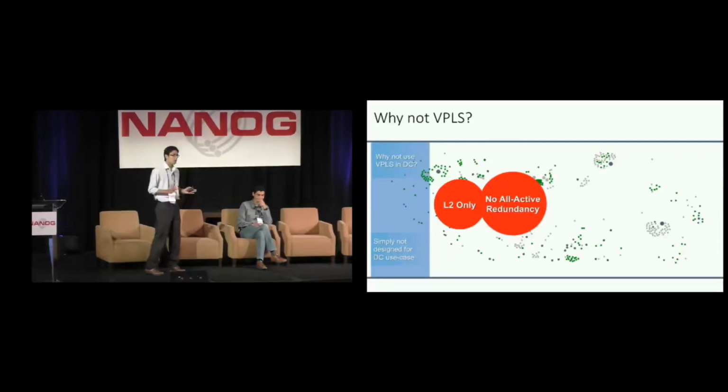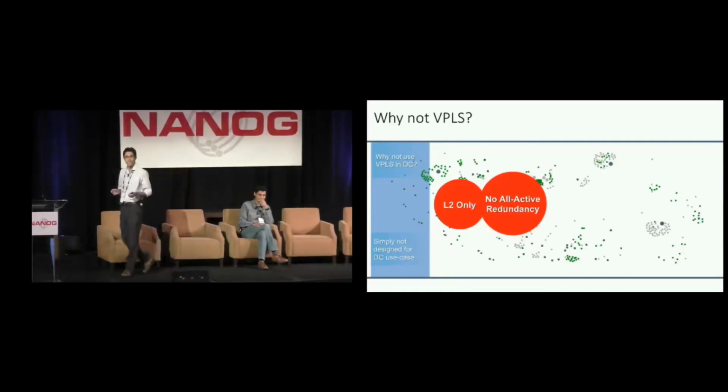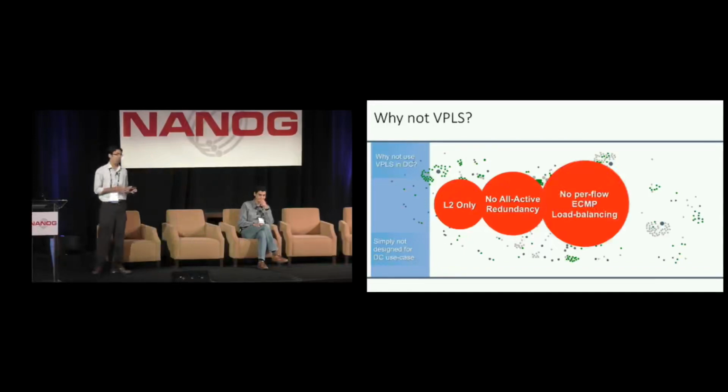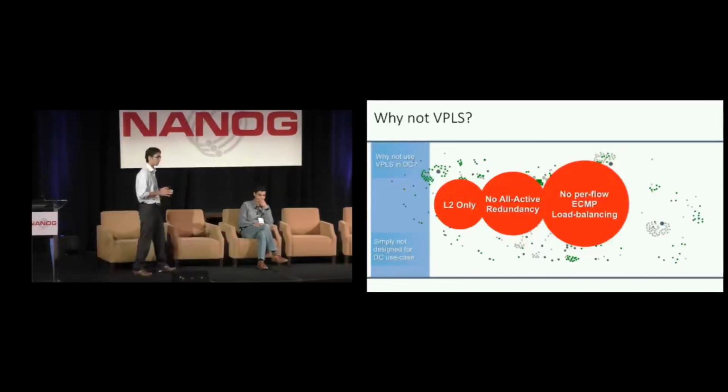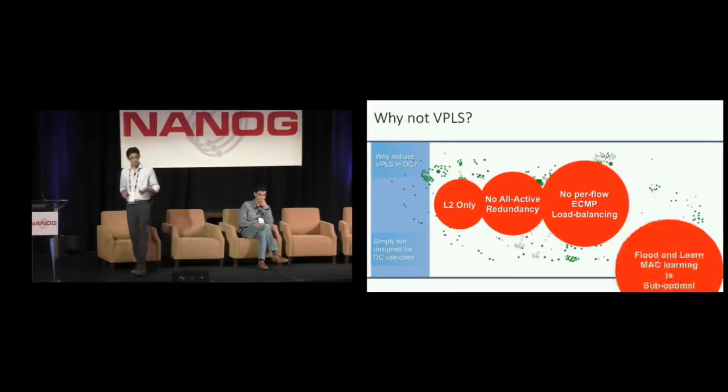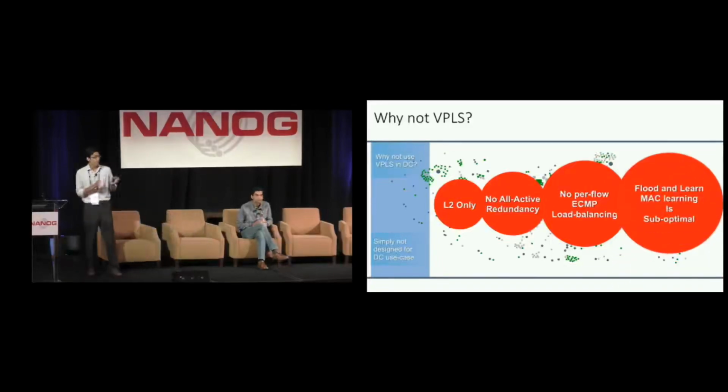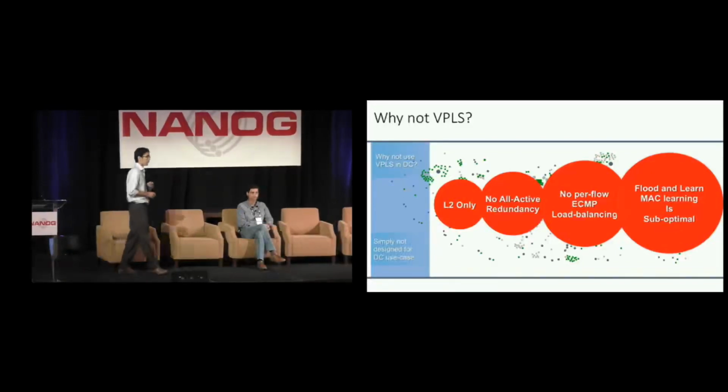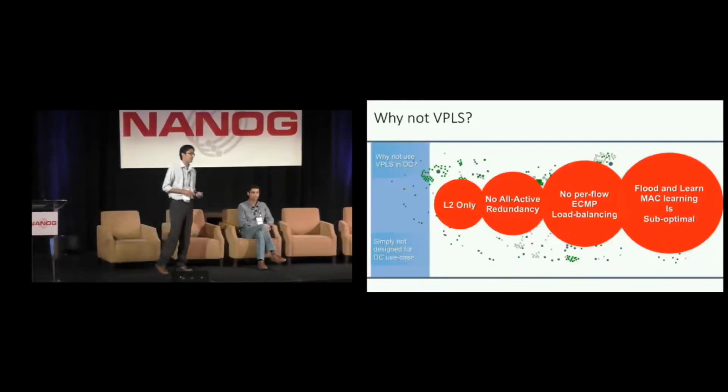VPLS does not support all-active multi-homing, which means you cannot get deeper flow-based ECMP load balancing. And last but not least, VPLS is based on flood and learn MAC learning, which is highly suboptimal, and you cannot achieve programmability in your network because it doesn't give you any control.